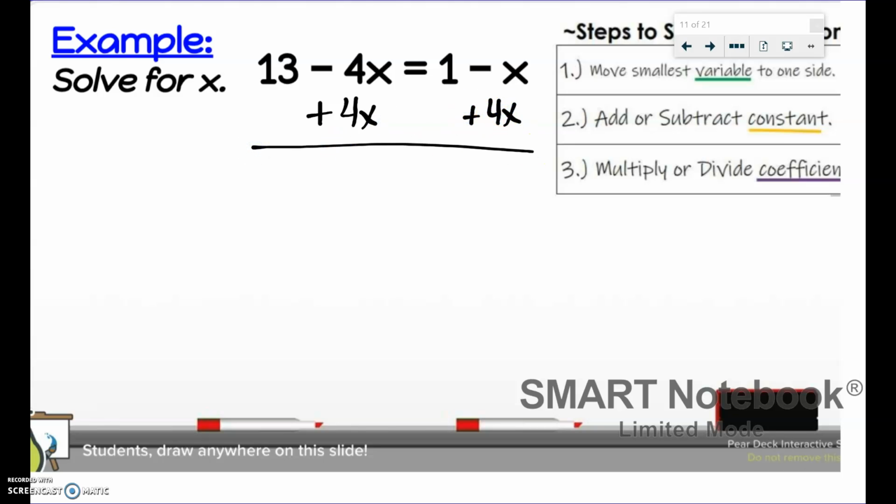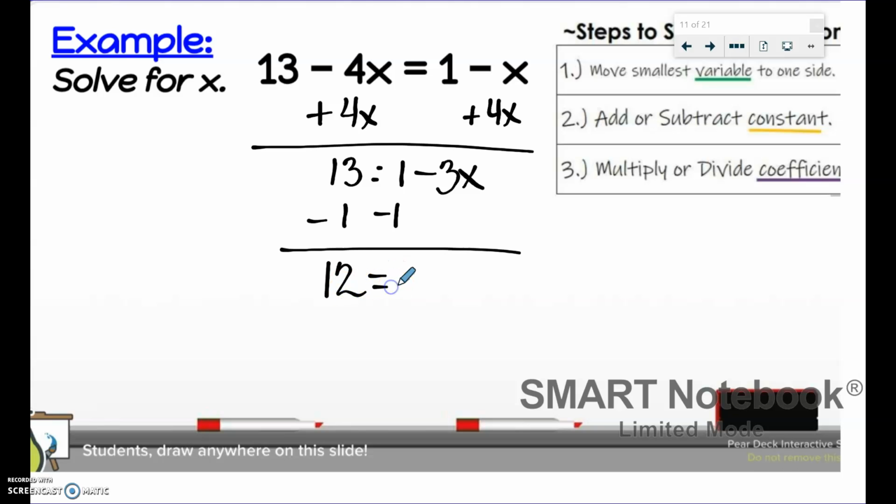And now I'm left with 13 is equal to 1 minus 3x. Then I am going to subtract 1 on both sides, and I am left with 12 is equal to -3x.